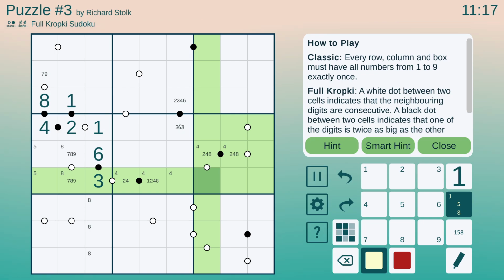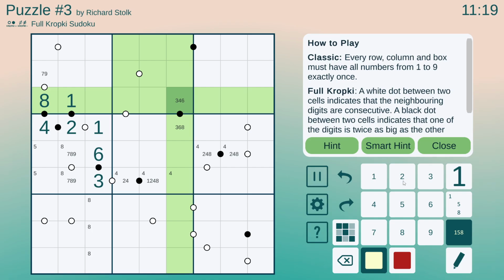This can't be a 2. So it's either a 3-6 pair or 4-8. Well, the 4 can't go in there. So it would be exactly 4 here, exactly 8 here.